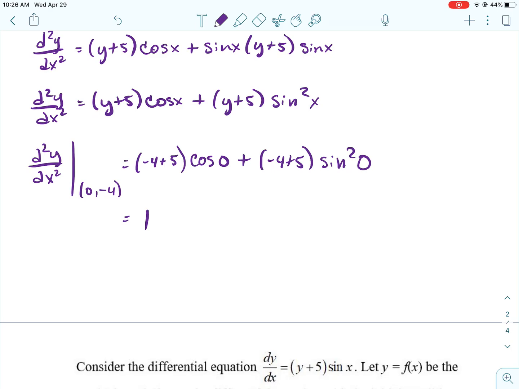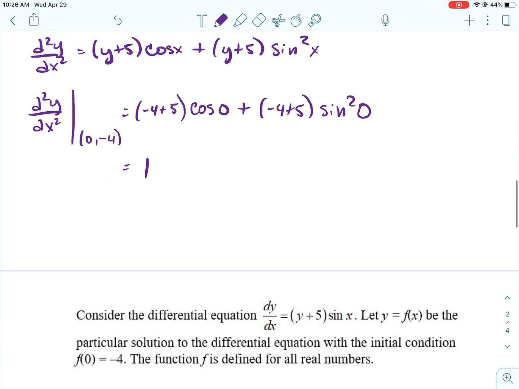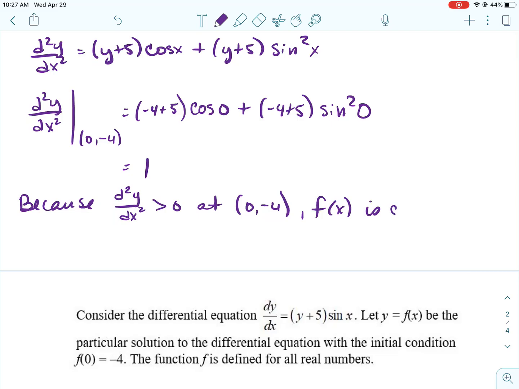So I'm just going to take that (0, -4) and plug it in. This is going to give us 1 times the cosine of 0, which is 1, and then 1 times the sine of 0, which is 0. So it's going to give you 1.